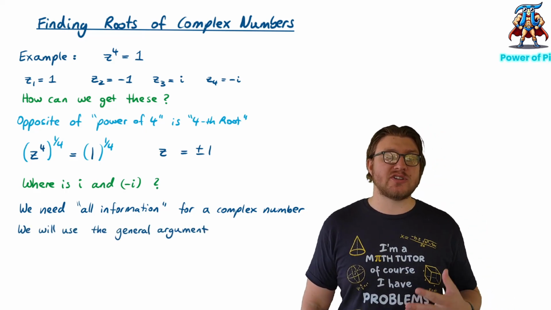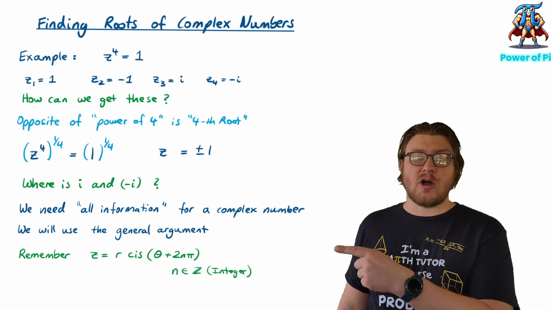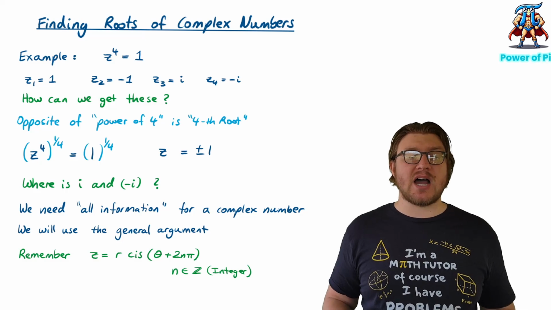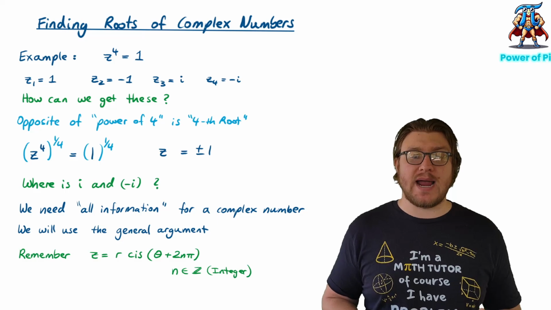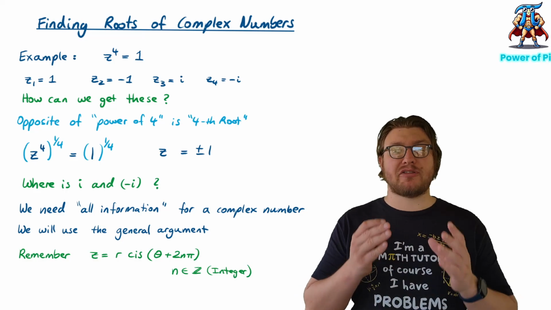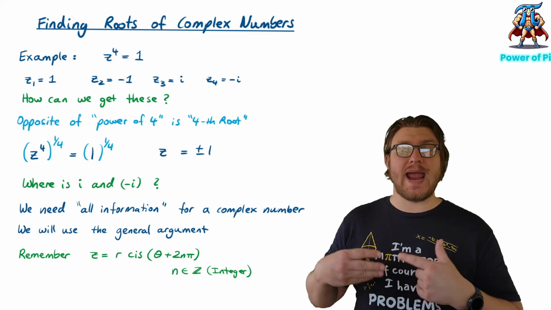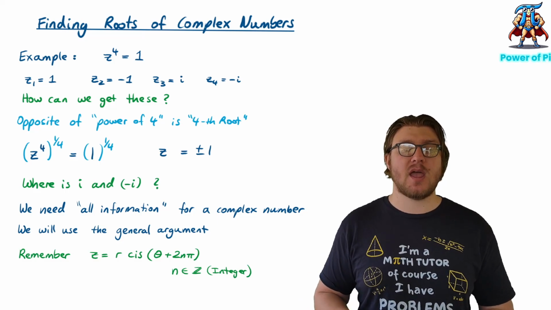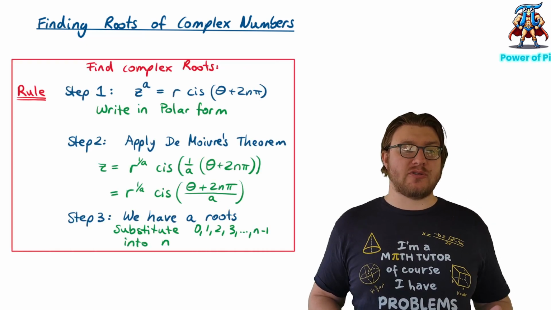We need to use the general argument for our number. So our complex number z is then r cis theta plus 2n pi, where n is an integer. So here we're going to have theta, our principal angle, and we're adding 2 pi n amount of times. Now, let's have a look at how we can do this.